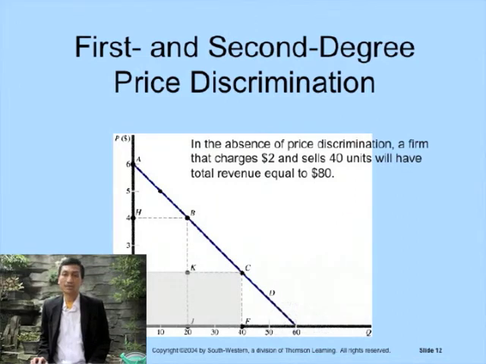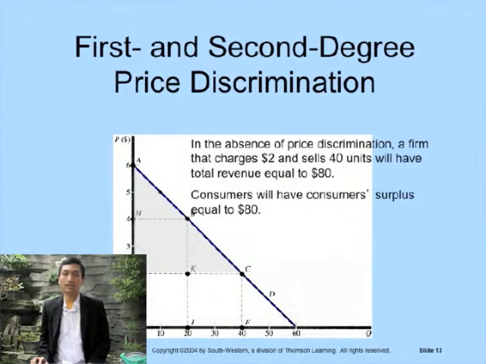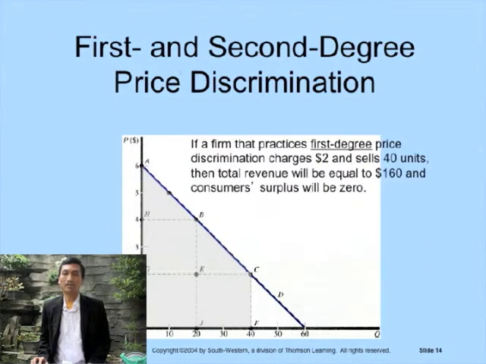In the absence of price discrimination, a firm that charges $2 and sells 40 units will have total revenue equal to $80, while consumer surplus will be equal to $80. If a firm that practices first degree price discrimination charges $2 and sells 40 units, then the total revenue will be equal to $160 and the consumer surplus will be $0.